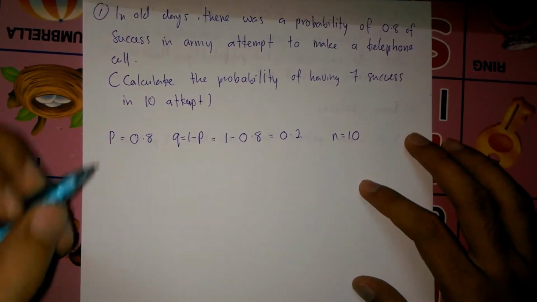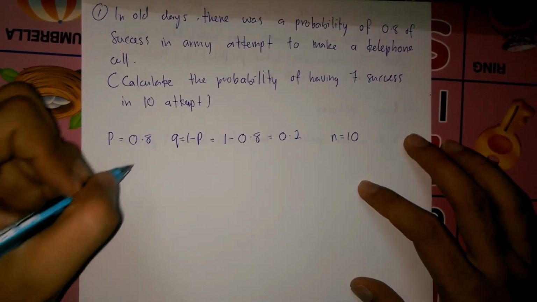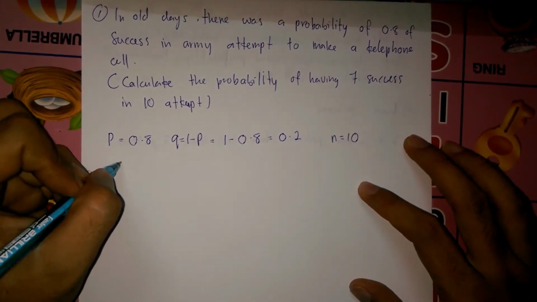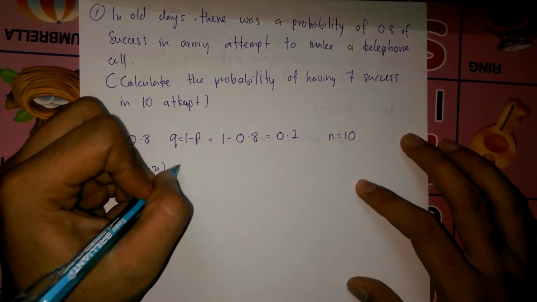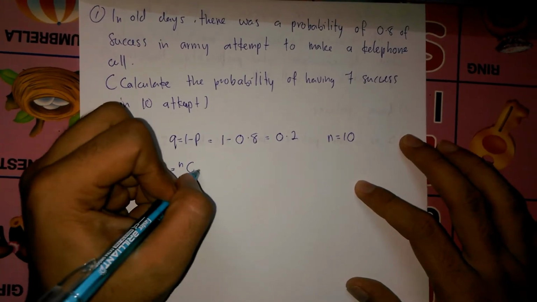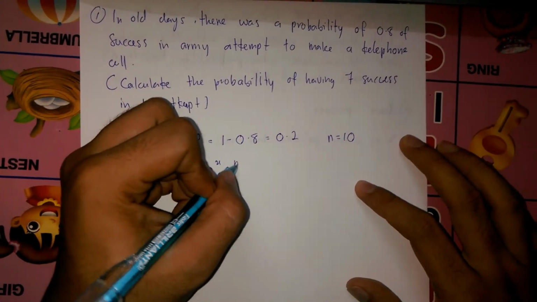So we use the binomial formula, P of X equals nCx P to the power x, Q to the power n minus x.